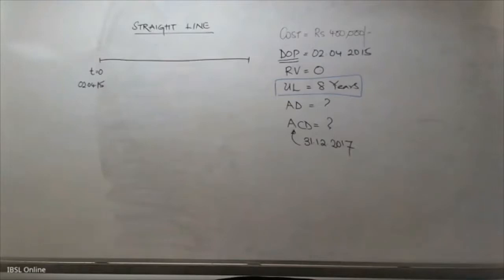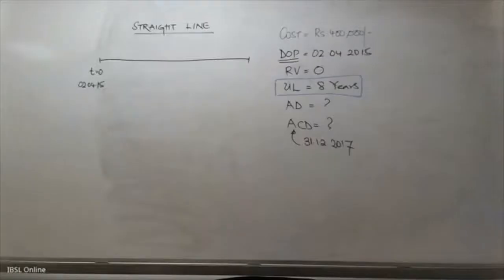I got one answer in the chat box. Let's see. 1st April 2015 to 31st March 2016. That is incorrect. Another one: 1st January to 31st December, sir. Very good.